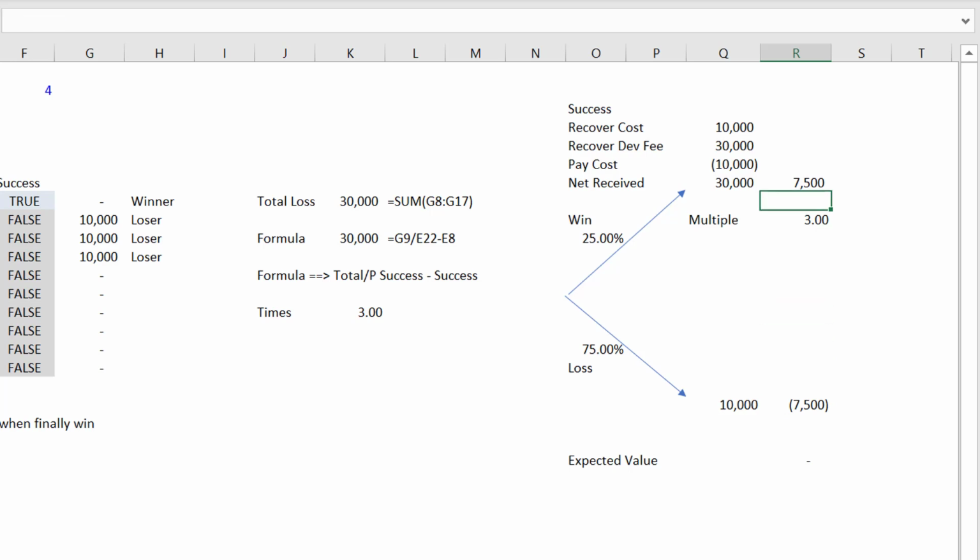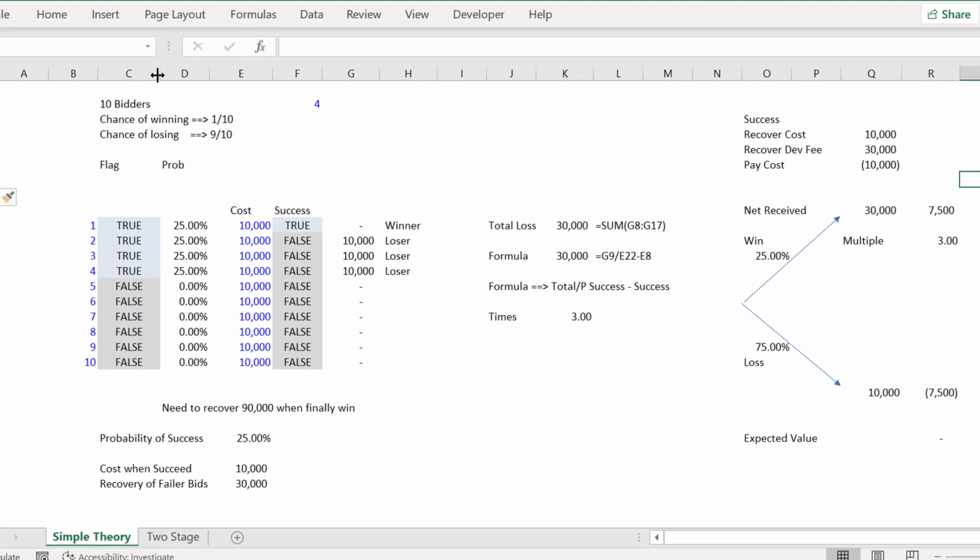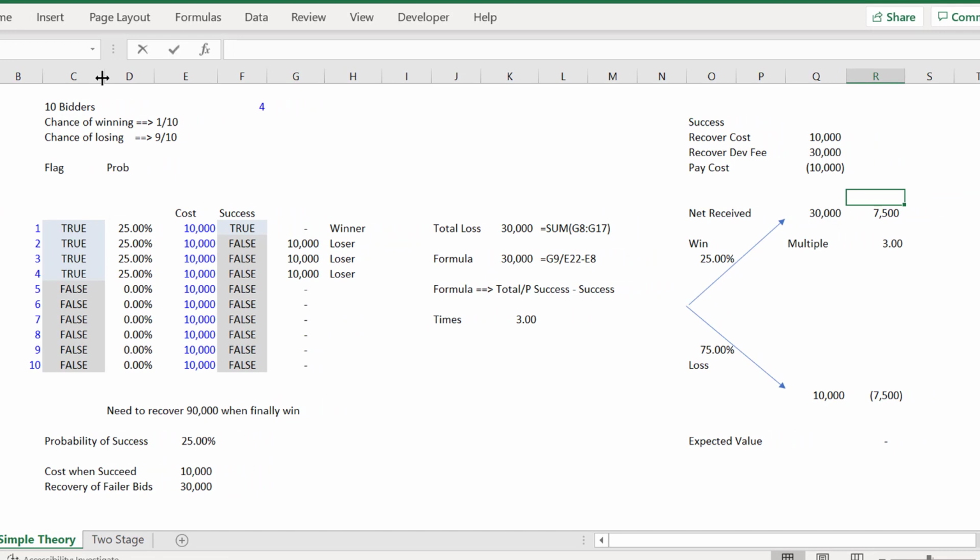So I should put up here, I think I can put one here. Okay, I'm going to put expected value, and I'm going to put down here expected value. Or I should even write it out. And this is the expected value again.